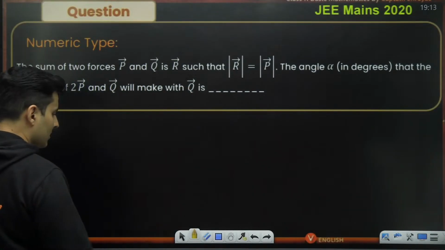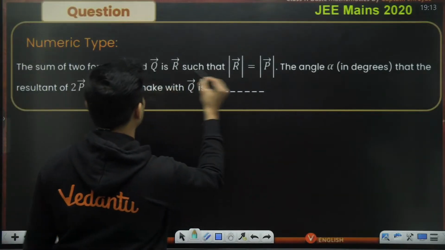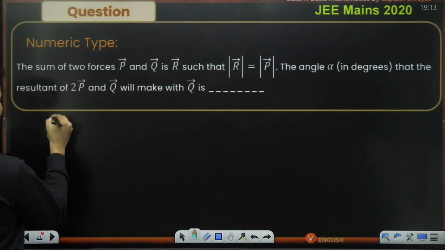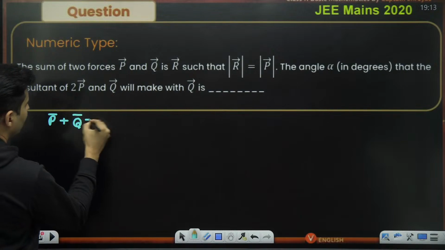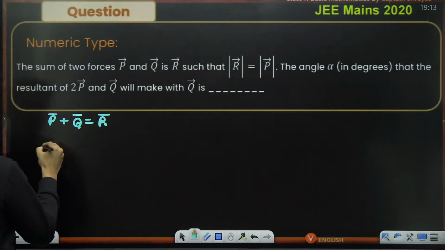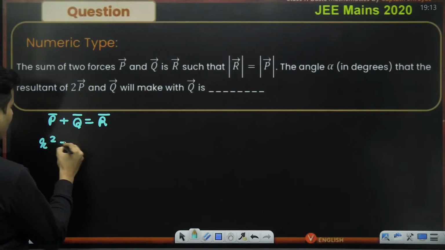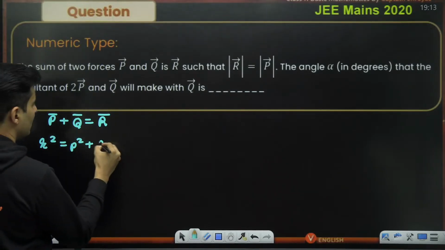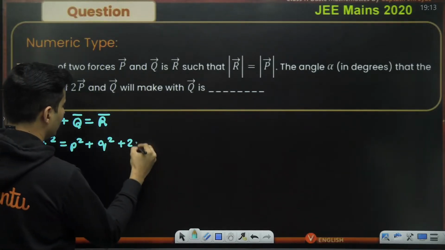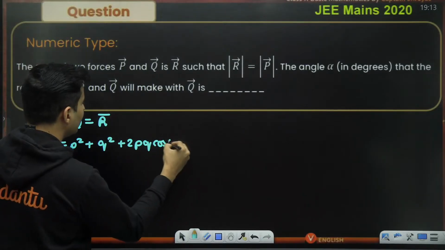See, let's start, guys. The first part, let's just concentrate on this. P bar plus Q bar is R bar. The resultant having the same magnitude as P, so R square, which is P square plus Q square plus 2PQ cos theta.